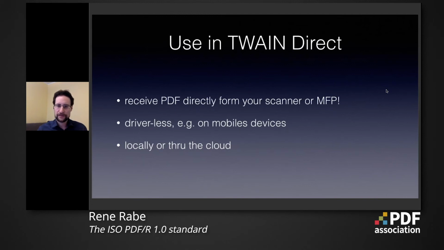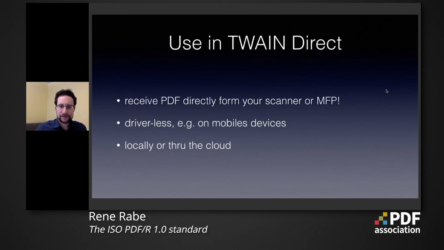And again, some vendors are looking into this for printing as well, so that in the future, many more entry-level scanners could directly support PDF instead of low-level formats and incompatible driver installation. So it could also take in the future more and more driver installation away from printers, as we do on the scanner side.